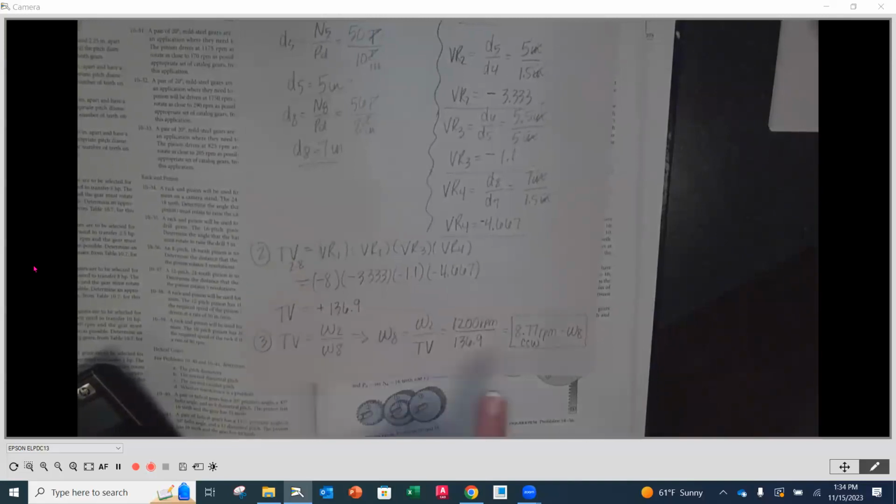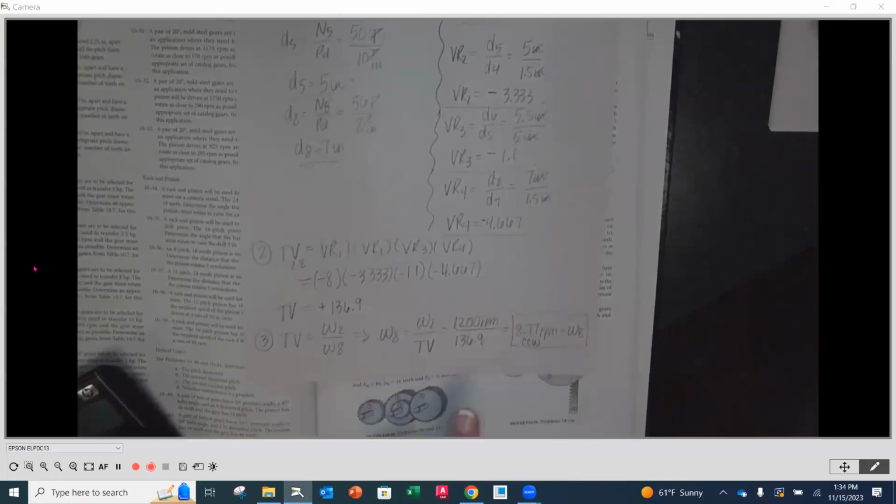Okay. Yeah, so that means that this is slowing way down, right? And it kind of makes sense because gear number 2 has to rotate 136, 137 times before gear number 8 is going to even go around once, right? Yeah, it's working hard.